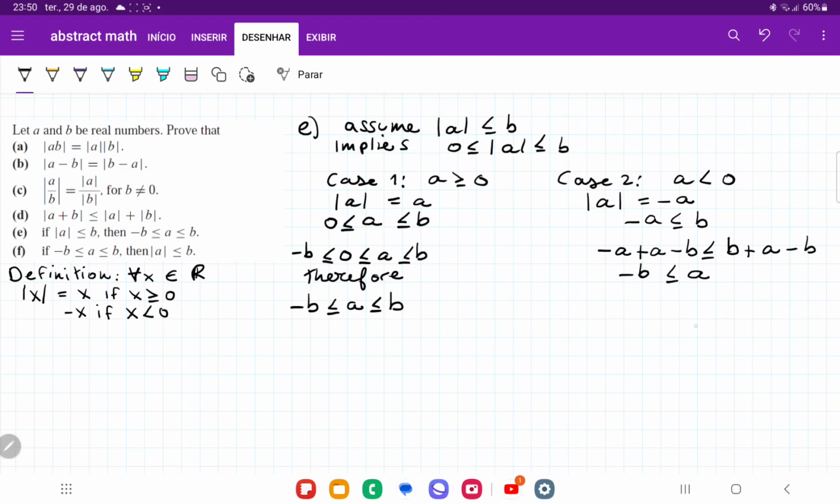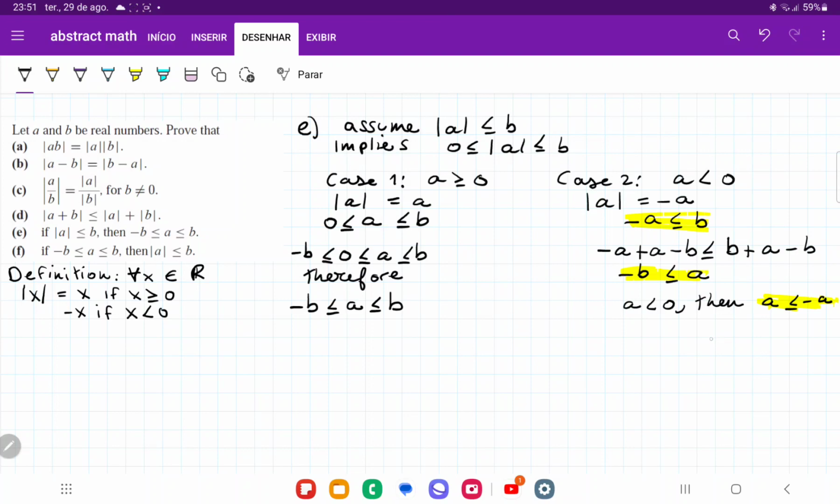However, A is negative, right? So if A is negative, then minus A is greater than A. And so once we've established these three things, and I'm going to highlight them, what we're going to do here is stack them in the order at which they're bigger.